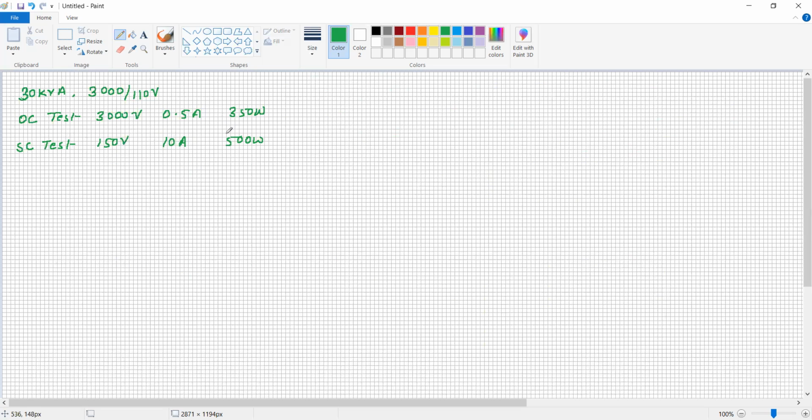Calculate the efficiency of the transformer at full load: A, full load at 0.8 power factor; B, half full load at unity power factor; and C, the kVA corresponding to maximum efficiency.